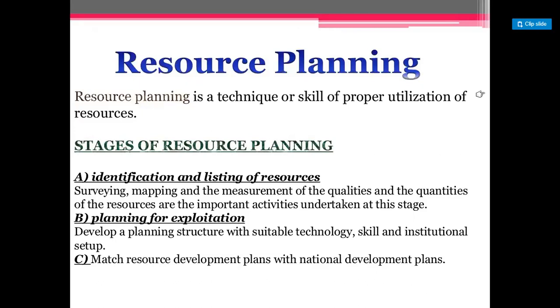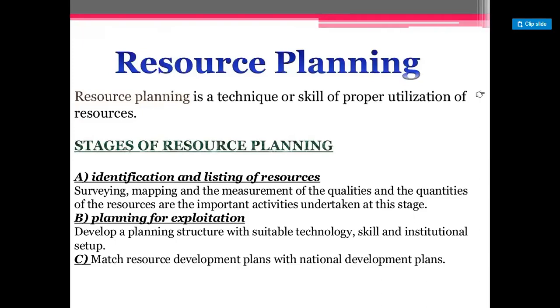And the stages are: identification of the resources, which includes surveying, mapping, measurement of the qualities and quantities. Those are the important activities undertaken. And after that, planning for exploitation of the resources.